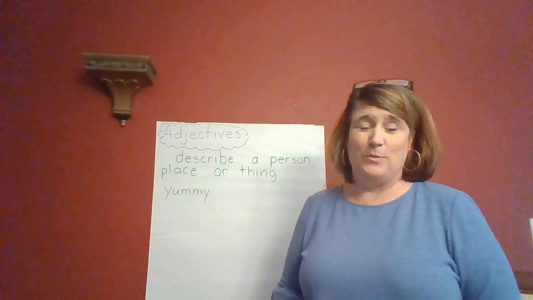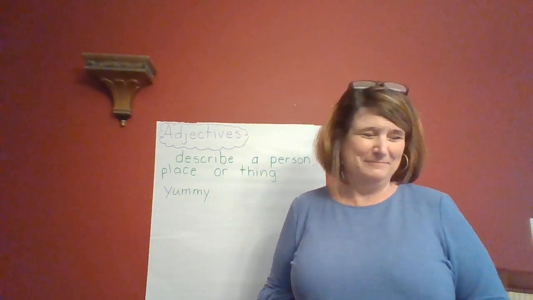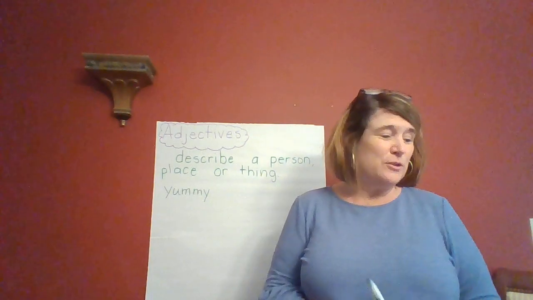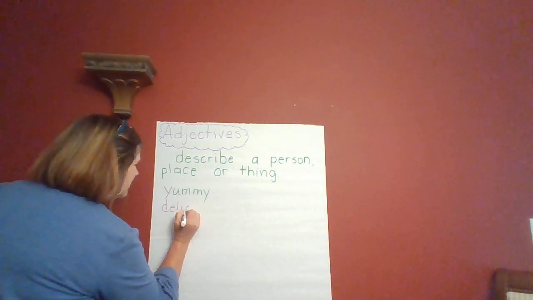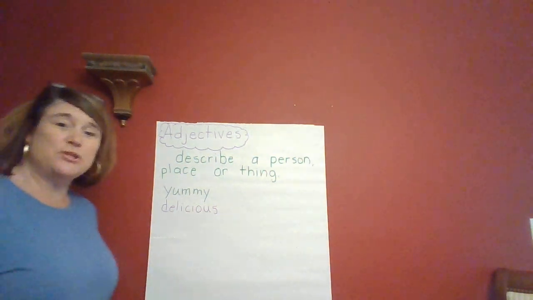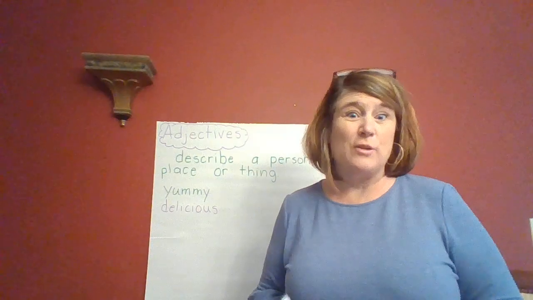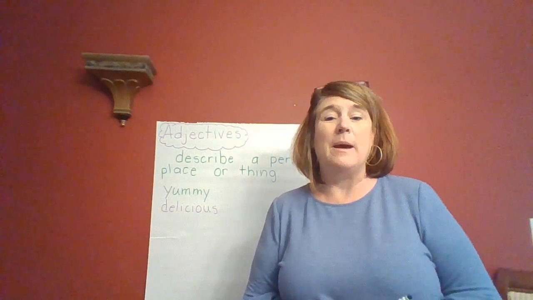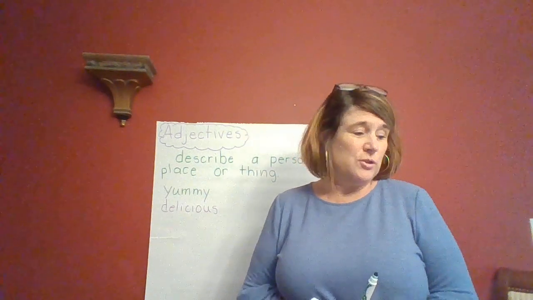Compared to the meal that I cooked with my casserole, the pizza was a yummy pizza. Another word that they used to describe the pizza was delicious. Delicious is an adjective that can describe lots of things as well. It might describe a chocolate chip cookie, or it might describe a favorite food of yours.